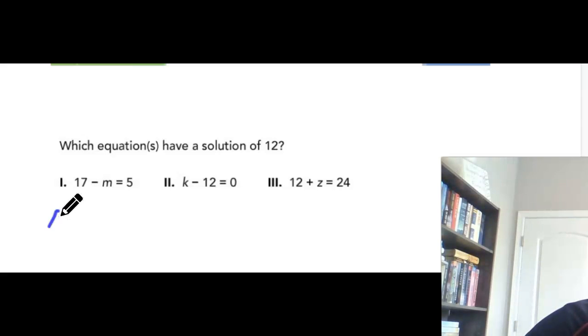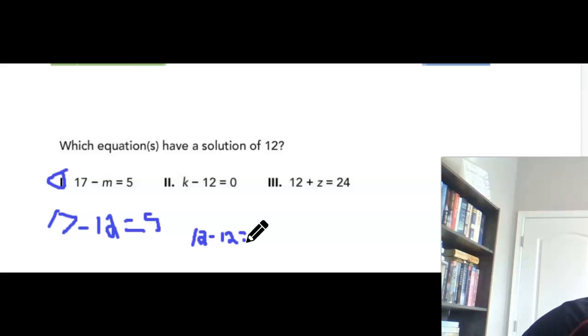Okay, so 17 minus 12 equals 5. Is that true? Yes, it is. So the first one works. Then we have 12 minus 12 equals 0. 12 minus 12 is 0, which is equal to 0.